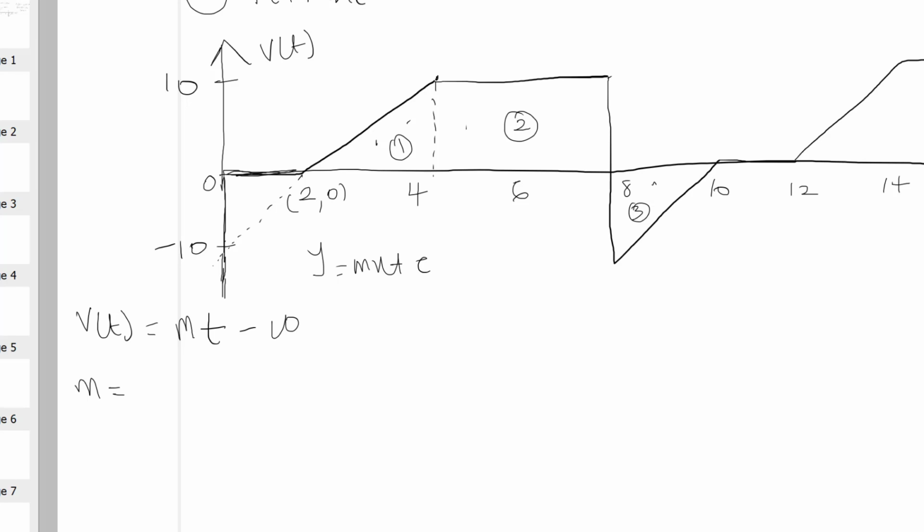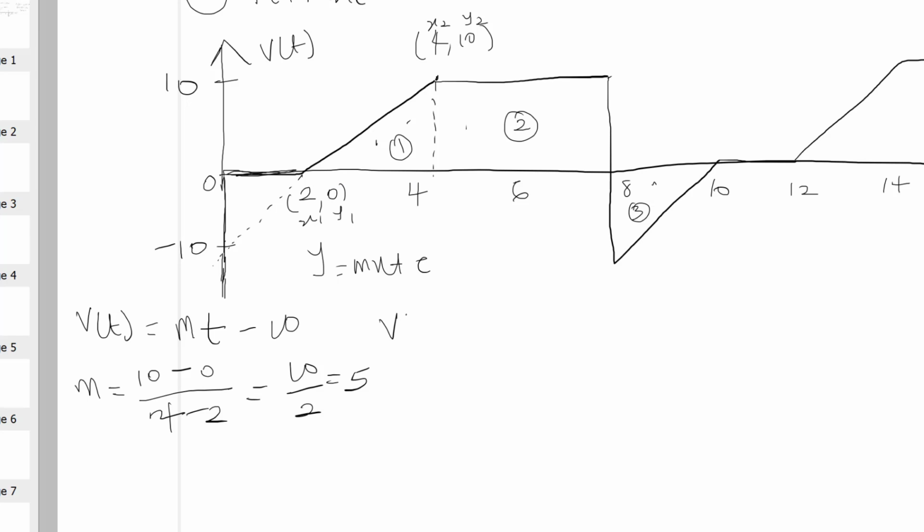So the coordinates here will be 4 and 10. So let's say this is x2 and this is y2, this is x1 and this is y1. I can say that my m will be 10 minus 0 all over 4 minus 2, which is 10 out of 2, which is 5.